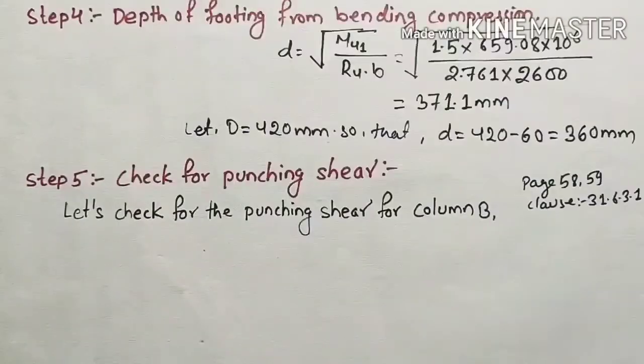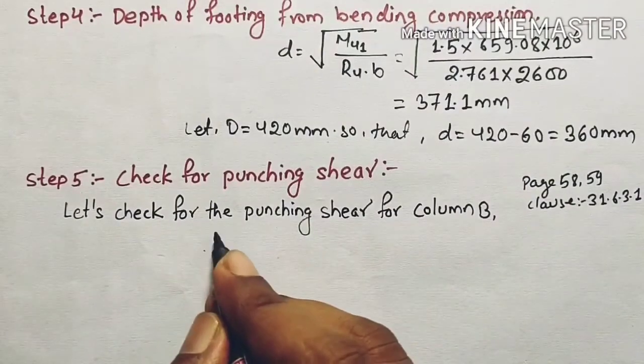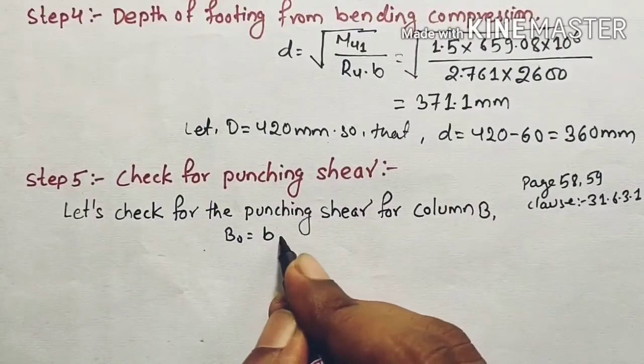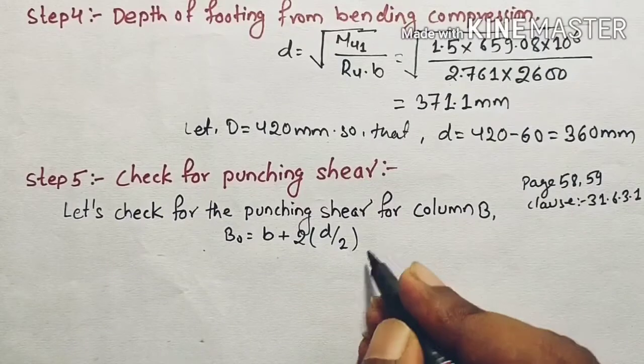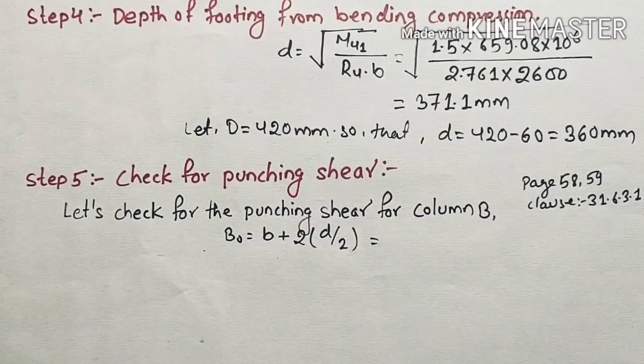So the section check for the punching shear will be at distance B note equals the width of the column B plus 2 times d by 2, and the width of the column B is 600 millimeter.